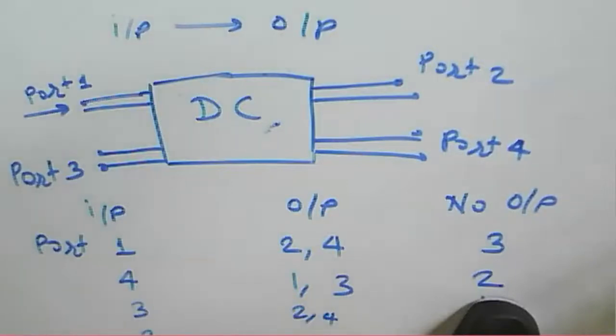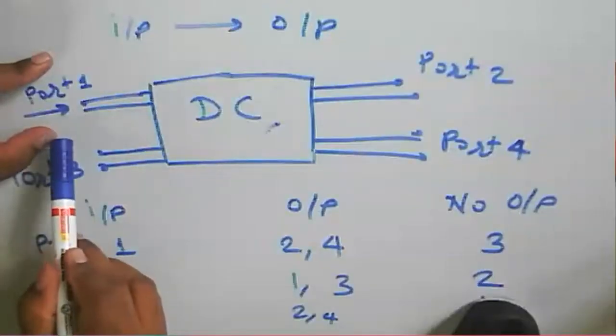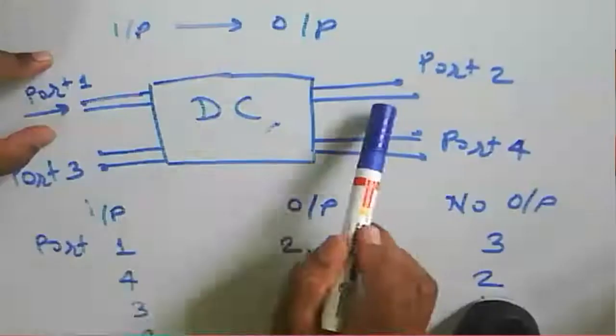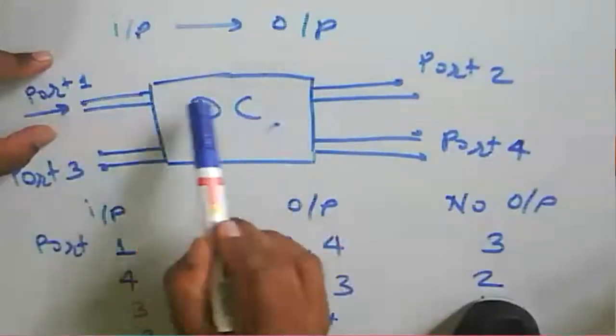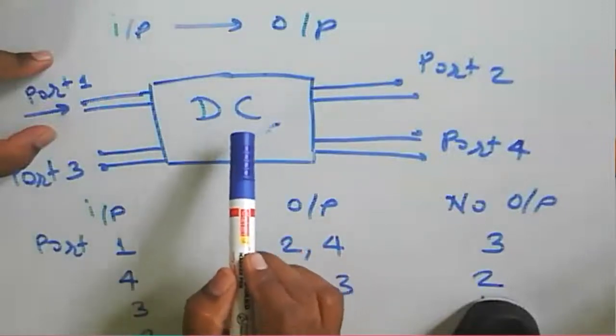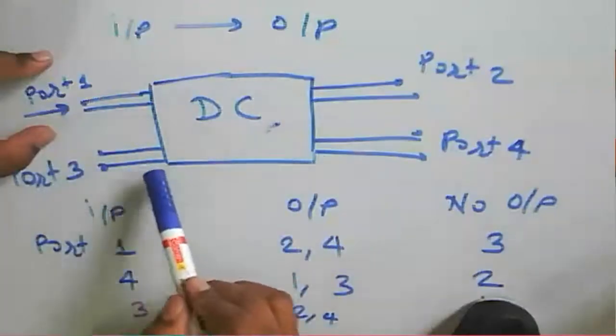In that case, we need to know the incident power at port 1, and the power forwarded to port 4, because this one is the main guide. A coupler means we have holes, multiple holes, single hole, two holes, three holes, likewise. And this one is the auxiliary guide.